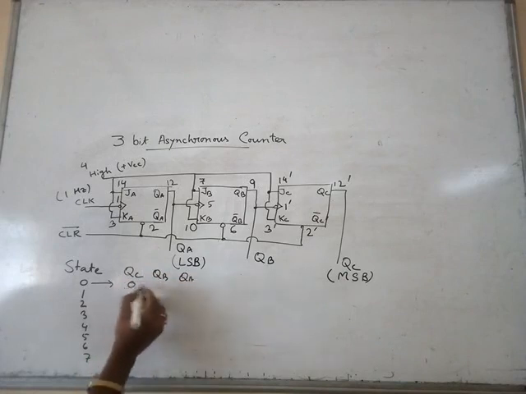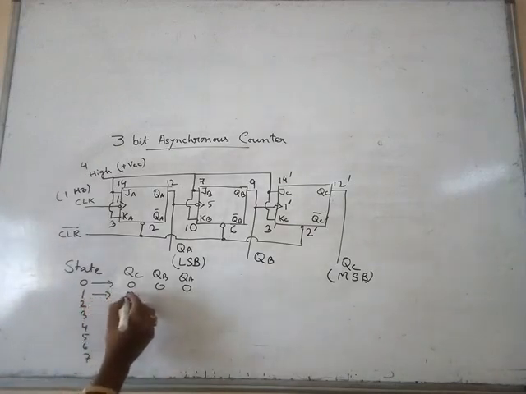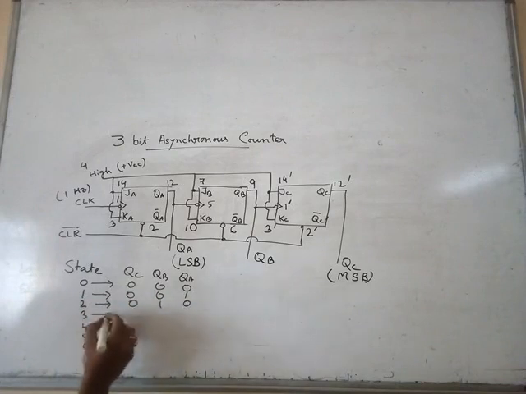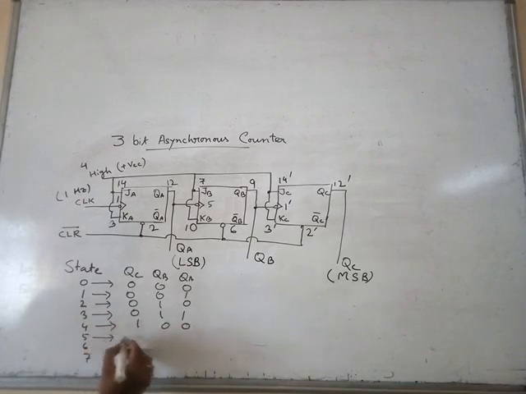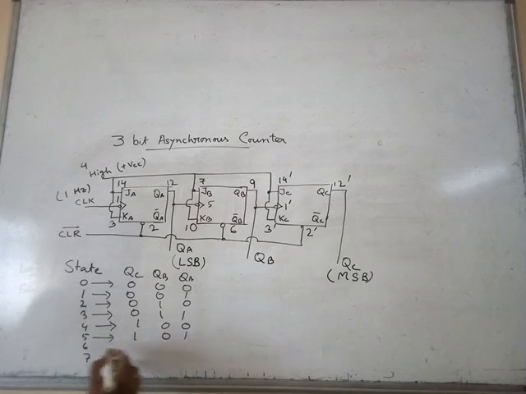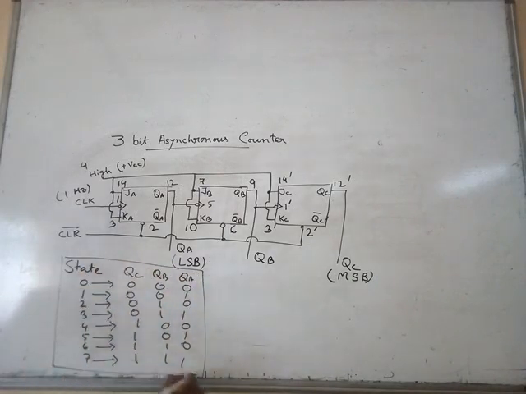So for 0 it is 0, 0, 0. For 1 it is 0, 0, 1. For 2 it is 0, 1, 0. And for 3 it is 0, 1, 1. For 4 it is 1, 0, 0. For 5 it is 1, 0, 1. For 6 it is 1, 1, 0. For 7 it is 1, 1, 1. So this is the truth table of this counter.